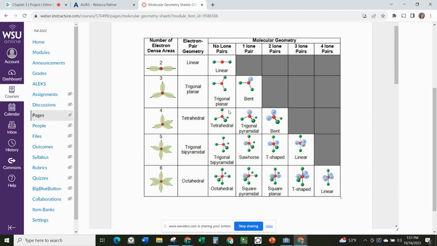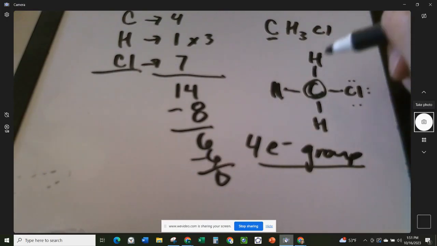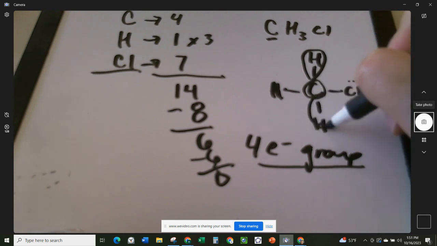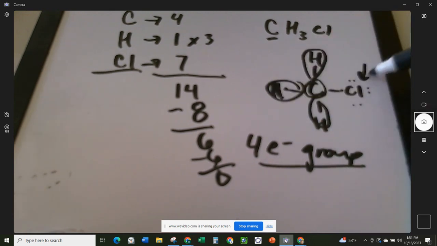So if we have 4 identical groups in tetrahedral, then that's going to be nonpolar. As soon as we add a new group, that's going to be polar. So let's go back to our structure. We have 1, 2, 3. We have 3 identical groups and a different group.